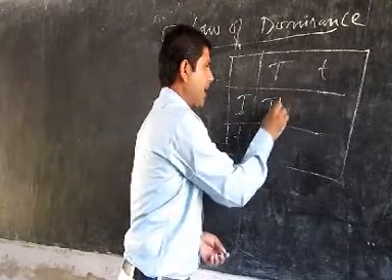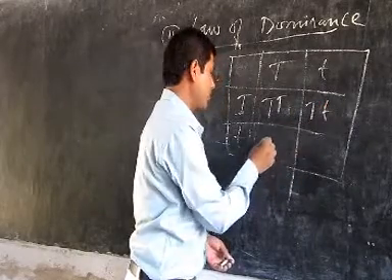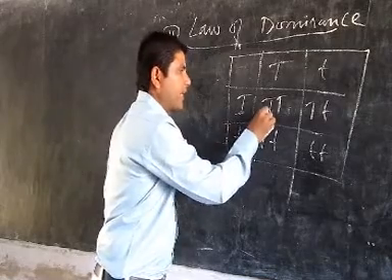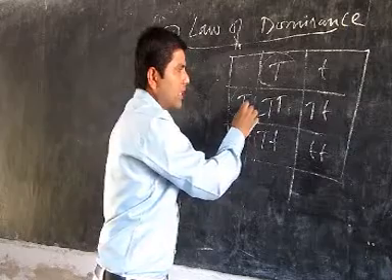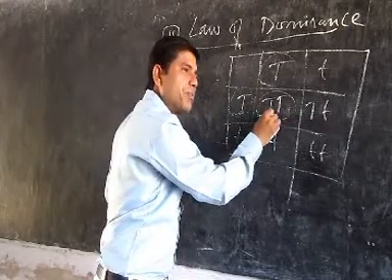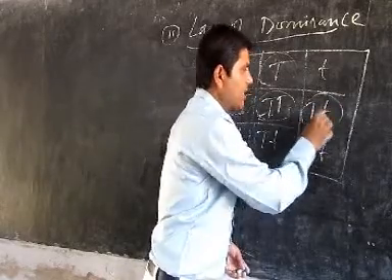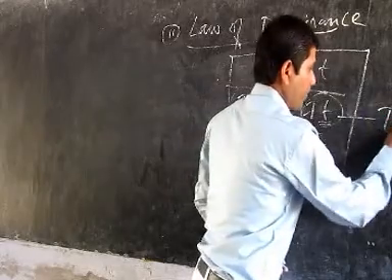That means capital T, small t, capital T, small t, in which this is dominant character. The character which is tall, both characters are tall, that means this plant is pure tall. And in this second case, the capital T and small t, this is dominant and this is recessive. So the plant is tall.